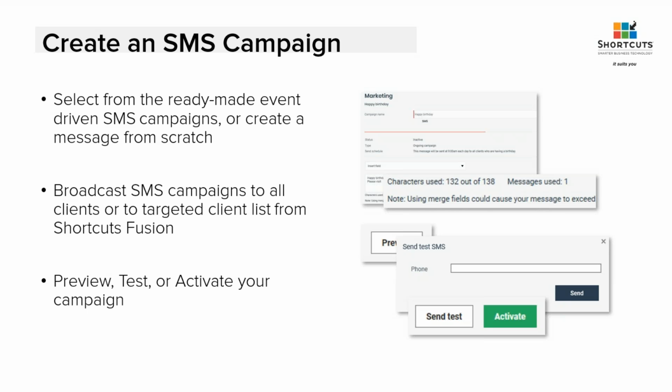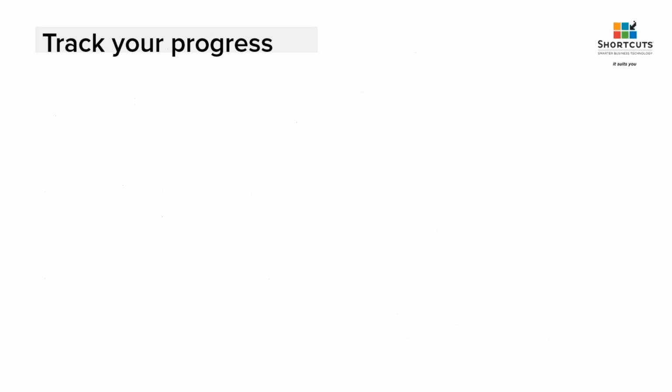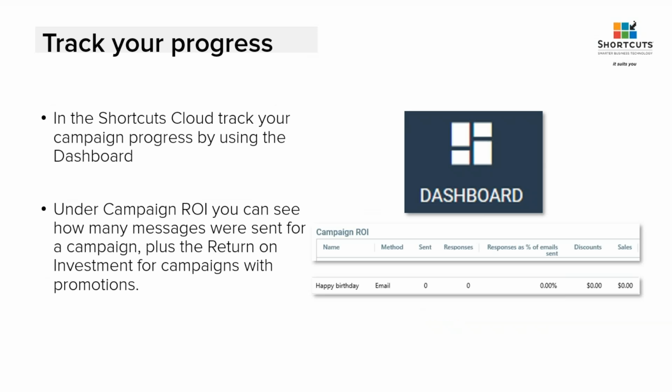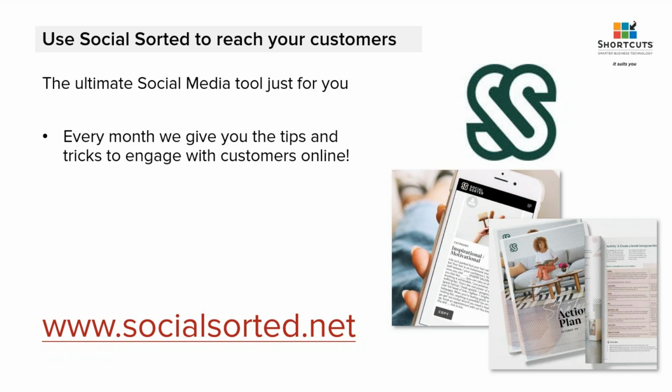And again, we covered all of these in detail 2 classroom sessions ago. So if you're on our Shortcuts USA YouTube page, if you're looking at the videos, you want to look for the classroom session on Shortcuts Marketing Basics. So we're not going to talk about tracking your progress. This would be used more for traditional email campaigns, your happy birthday campaigns, your we miss yous, things like that.